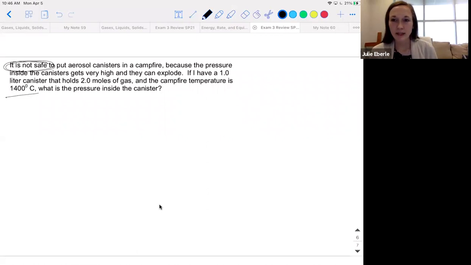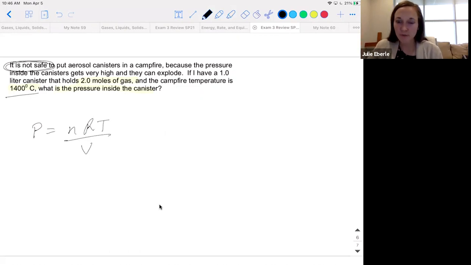Yeah, this is pretty much the exact same problem as the one we just solved. You notice that? It gives you moles of a gas. We got temperature in Celsius, so we got to convert that to Kelvin, and it's asking for the pressure again. So same exact equation as above. P equals nRT divided by V. Once you rearrange, got to convert temperature.